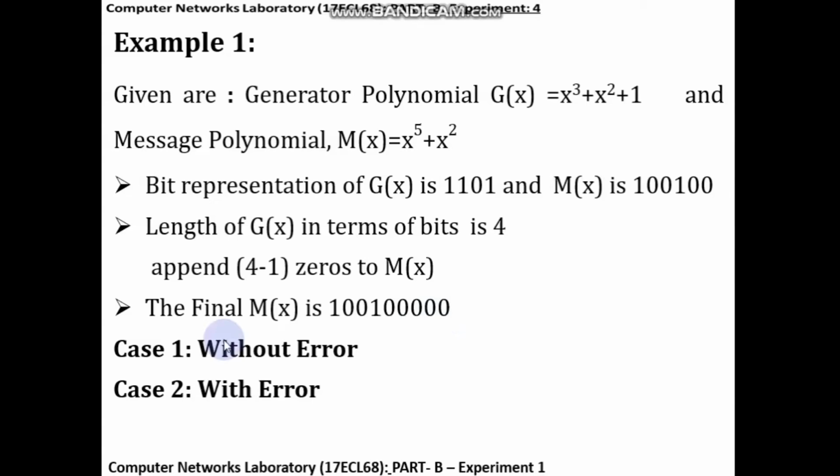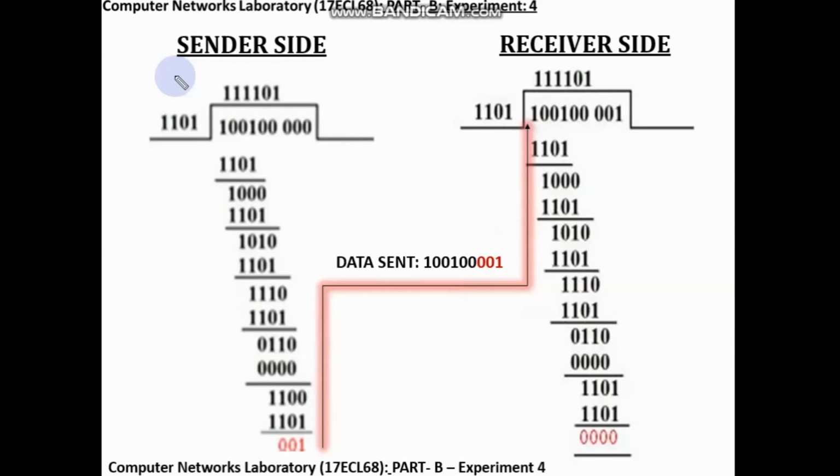Let us have a look at two cases. The first case is without error and the second case is with error. Let us have a look at case 1, that is without error. At the sender side, how does the division process occur?